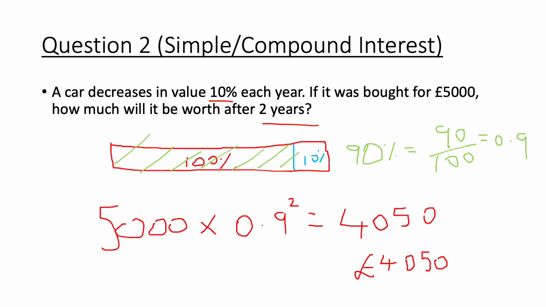Because 10% of 5,000 is 500, so it would be 4,500, and then you take off 10% again of 4,500, which is £450, which will give us that answer, if that makes sense. So that's the sum for our answer, guys.